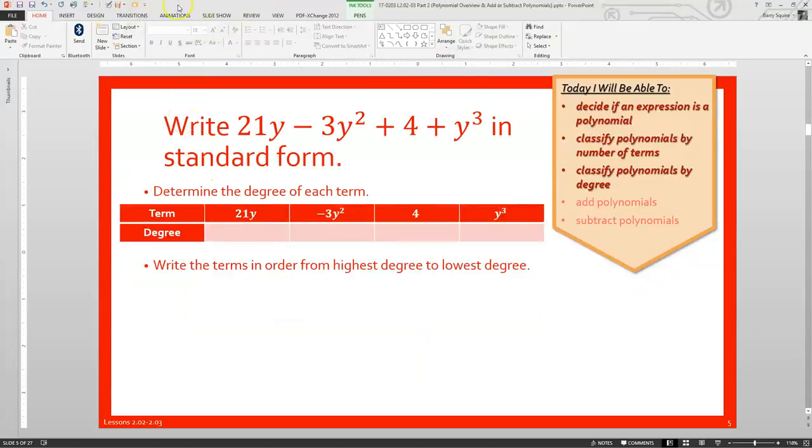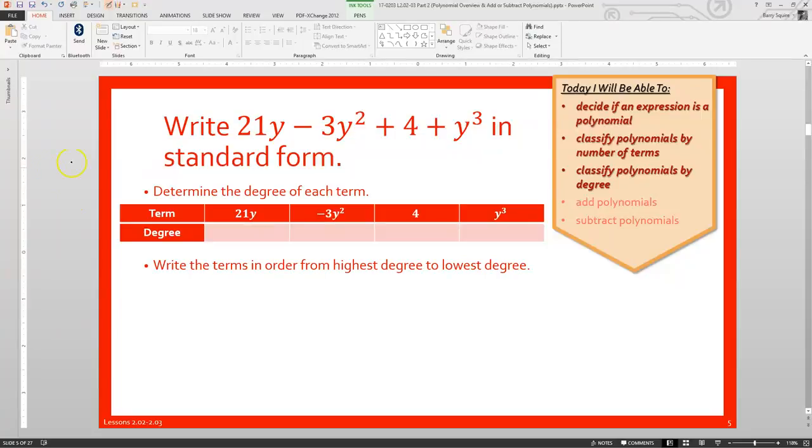So let's take a look at this one. We wrote out a chart here that was going to help us out. We want to write this expression, 21y minus 3y squared plus 4 plus y cubed, in standard form. So we're going to look at the degree of each term.